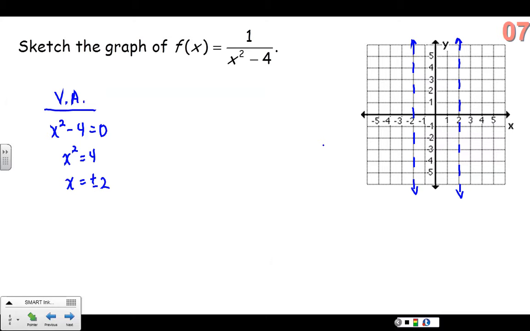For my horizontal asymptote, no oblique in this one, so horizontal. Since my power is less on top than on bottom, we know y equals 0 is our horizontal asymptote.